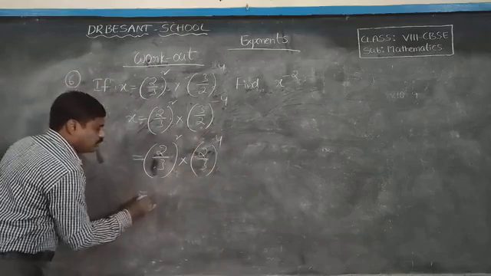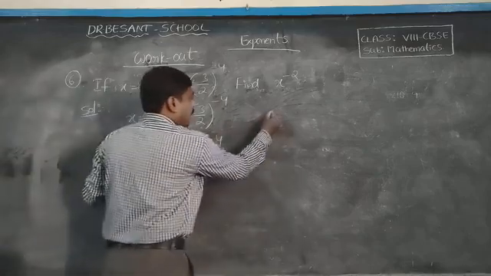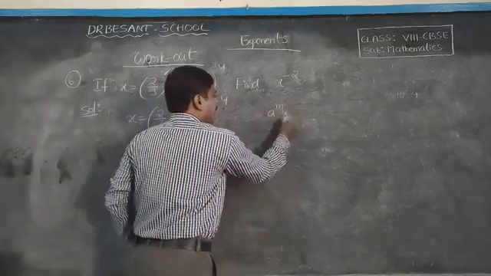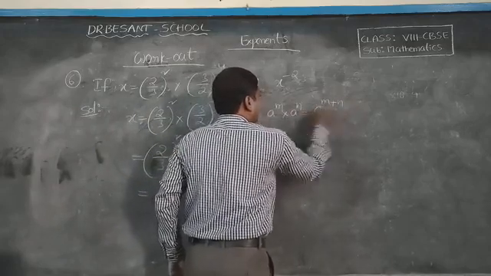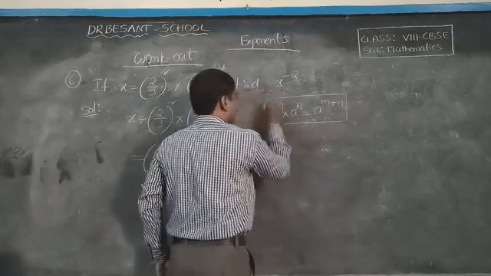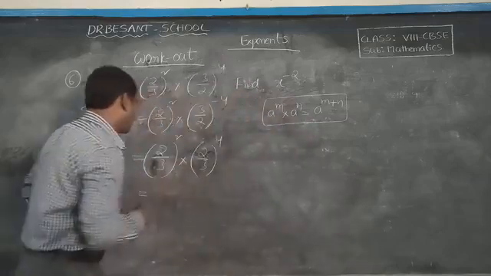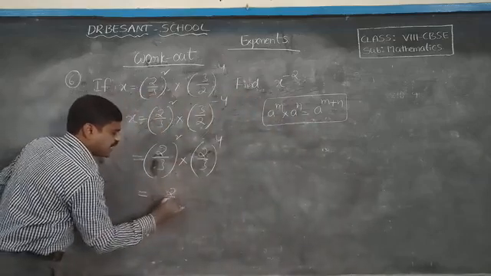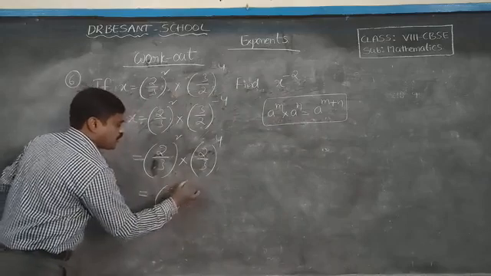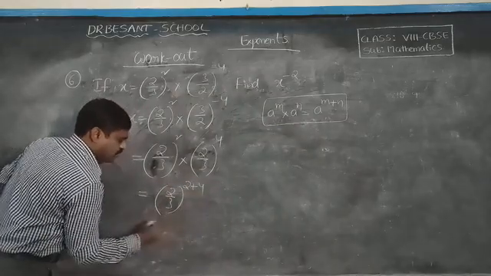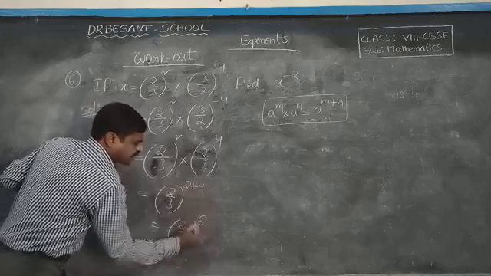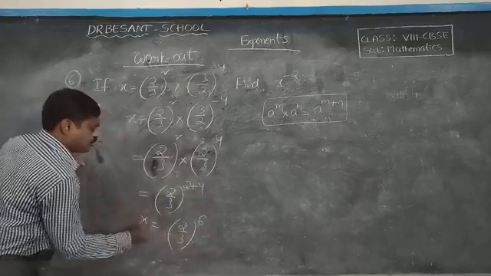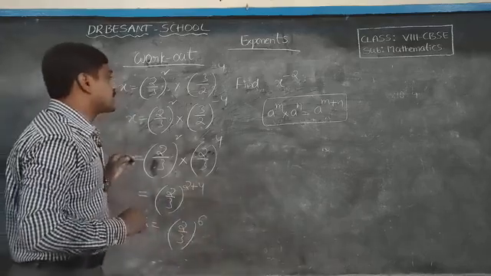Now a power m into a power n is equal to a power m plus n. So that is equal to (2/3) whole power 2 plus 4, which means 6. So x is equal to (2/3) whole power 6.